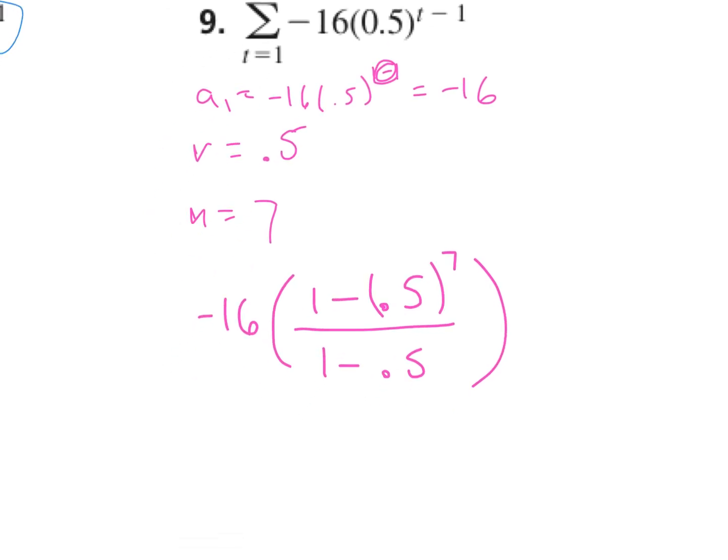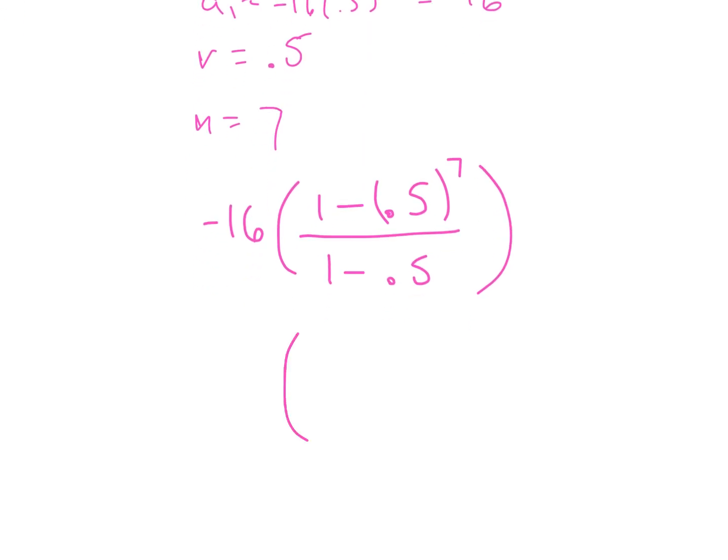So I'm going to do 0.5 to the power of 7, and then 1 minus that. So that would give me 0.9921875. And then divide that by 1 minus 0.5. What's 1 minus 0.5? Just 0.5.